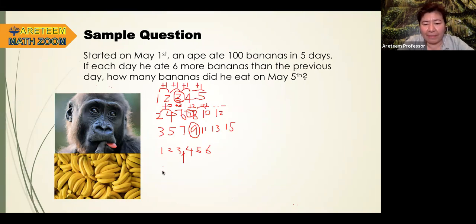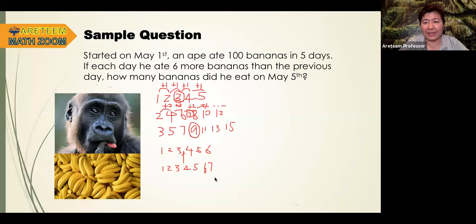So what if I add another term? 1, 2, 3, 4, 5, 6, 7. Oops, 7 right here. So what's the average of this sequence? 4.